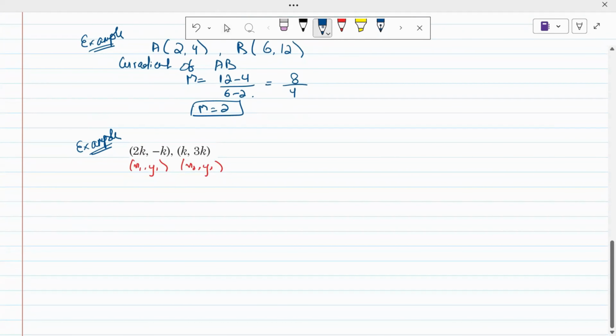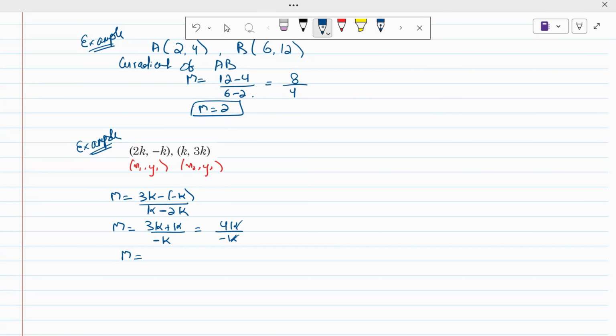Using the gradient formula, it would be 3k minus of minus k. Make sure you don't miss out the minus sign. That is why I'm writing it here as minus of minus k upon x2 minus x1, that is k minus 2k. So m would be equal to 3k plus k upon k minus 2k, that's minus k. So we get this as 4k upon minus k. k and k get cancelled, giving us m as minus 4.